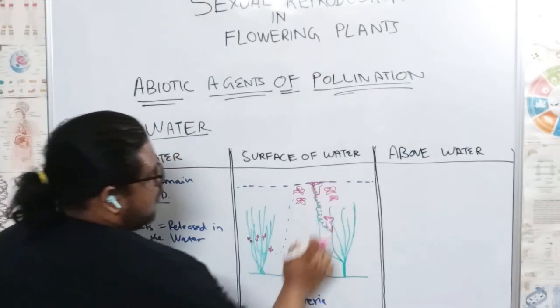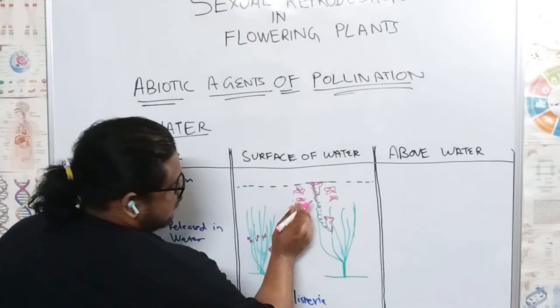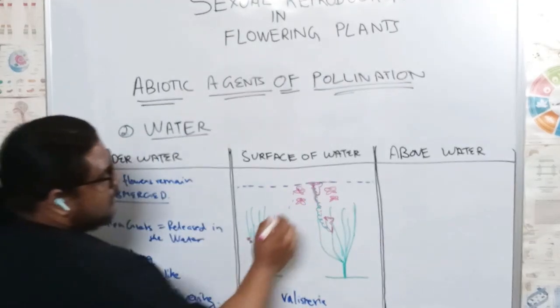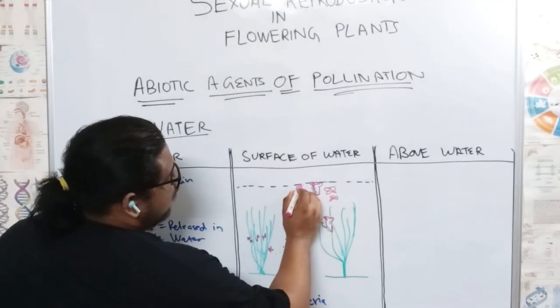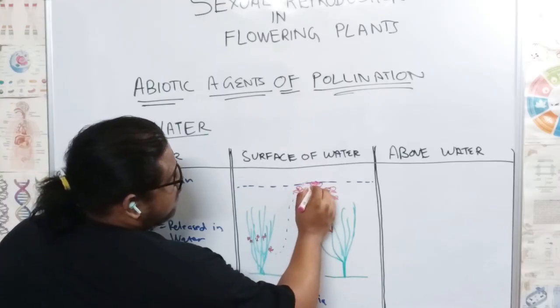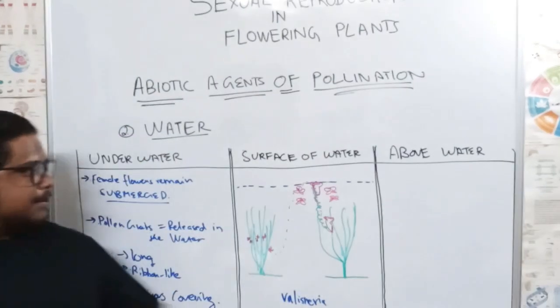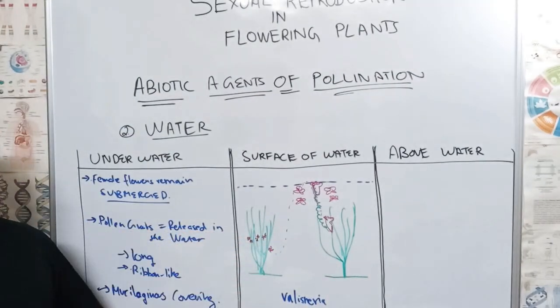The next step is that the male flowers will also come up to the surface of the water. These are the male flowers, which will come to the surface near the female flower. Next, the pollen grains of the male flower will be released in the water on the surface and then they will land on the stigma of the female flower. So this is how pollination happens on the surface of water.